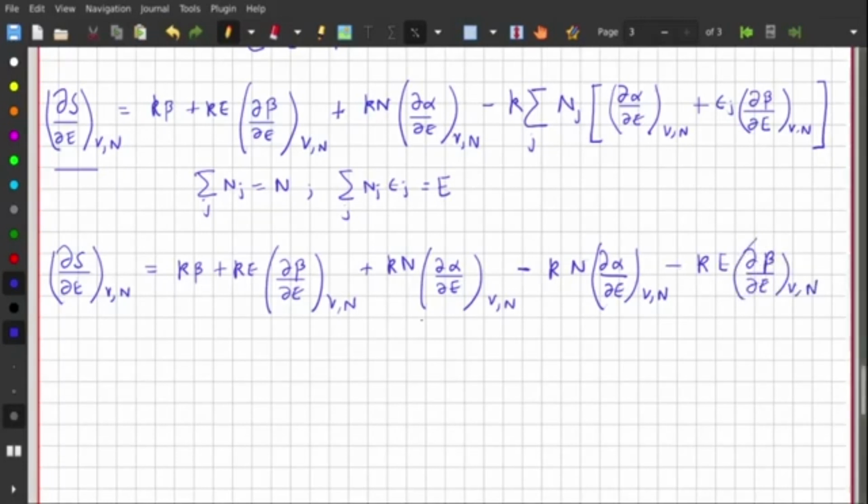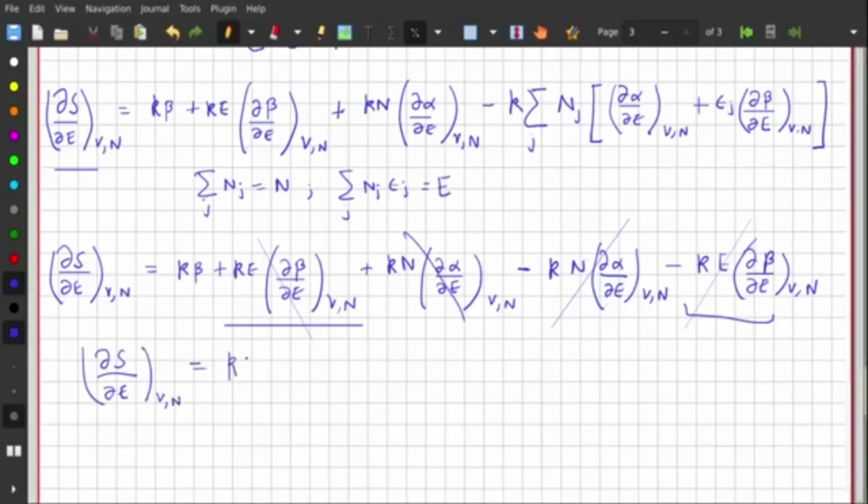And if you see, this term cancels this term, and similarly this term gets cancelled by this term. So what we are left with is partial s partial e at constant v and n is k times beta.